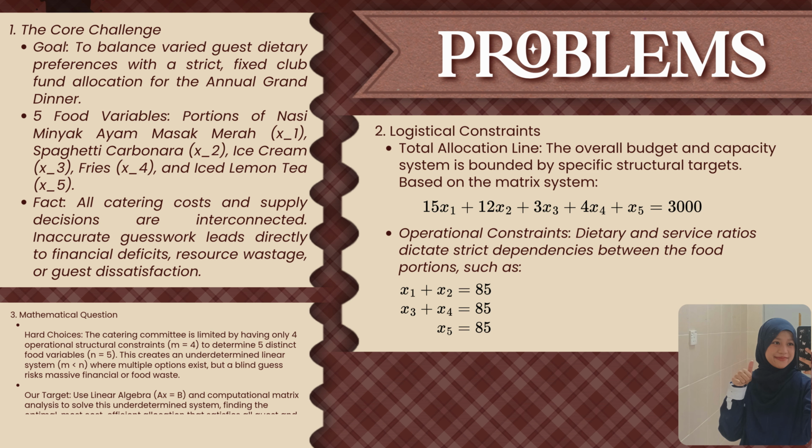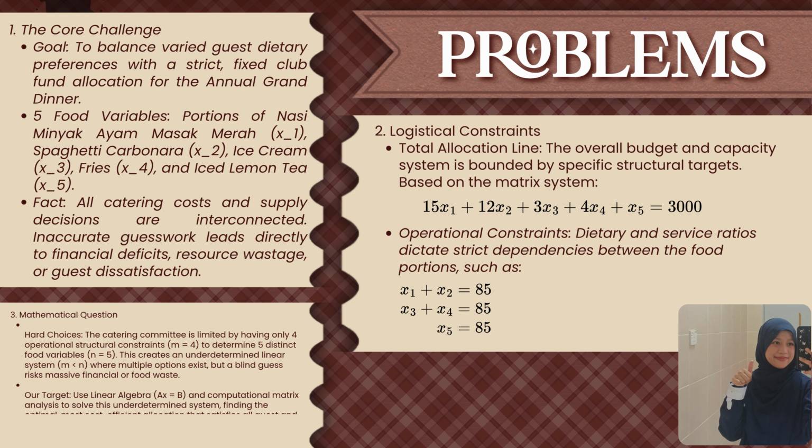Then we also bring our mathematical question. Our team is limited because we only have 4 rows to find 5 different food numbers. This creates an underdetermined linear system where many answers can exist, and making a blind guess is so dangerous.